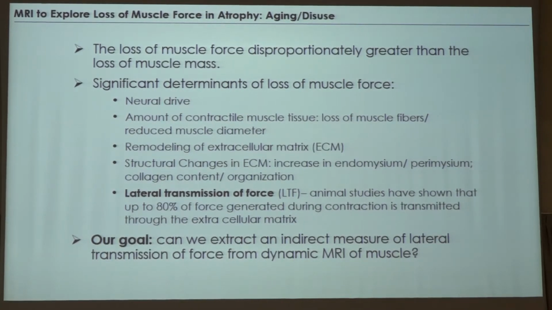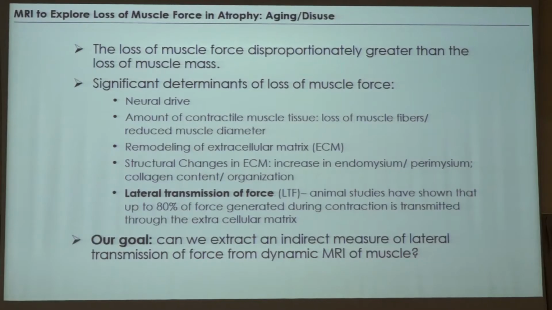The one we want to focus on is the remodeling of the extracellular matrix as a person ages, because we suspect that this causes a change in the lateral force transmission, something that we think is a big factor in the loss of force as a person ages.